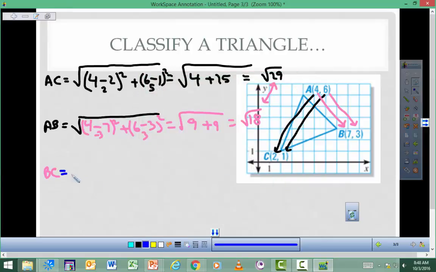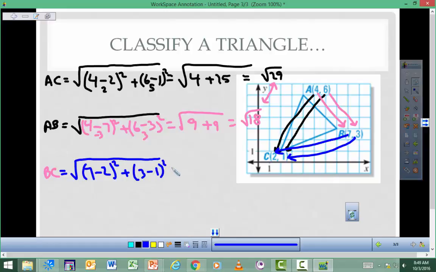That one's equal to the square root, and once again you've got to subtract the x coordinates. So let's just go this way, subtract those x coordinates. 7 minus 2, and we square that, plus the y coordinates. So we subtract the y coordinates, so we get 3 minus 1, and we square that.